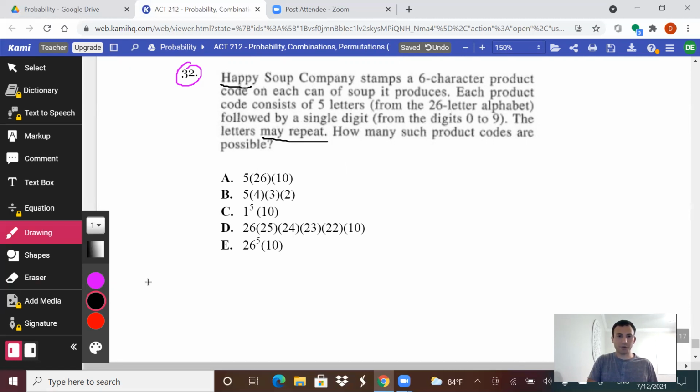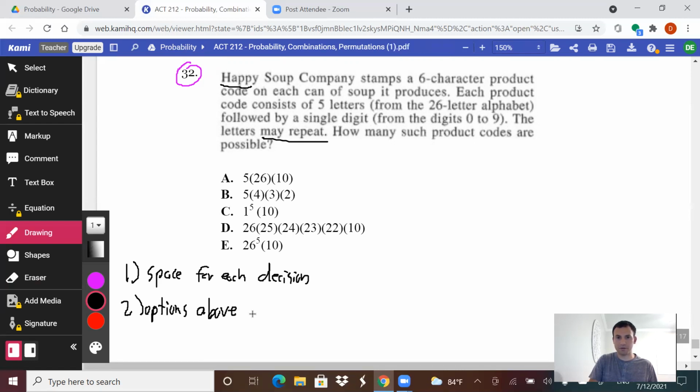So again, we got to go through the steps, right? The first step is to put a space for each decision. The second step is to put the options above each space. And you can pause right now as well if you want to try it from here. So if we think about it, we have to make 6 decisions.